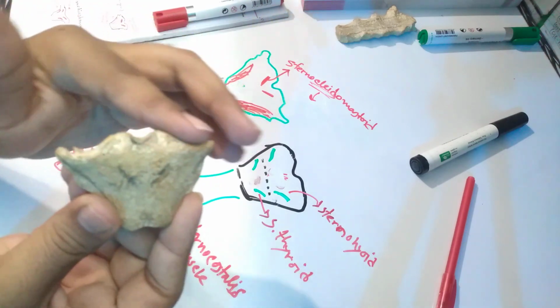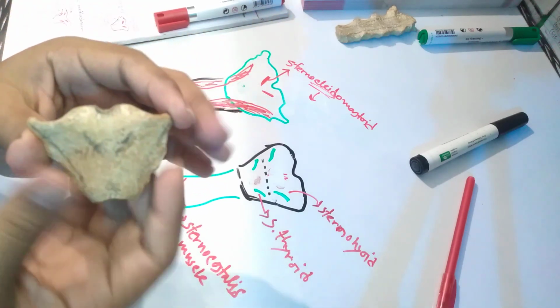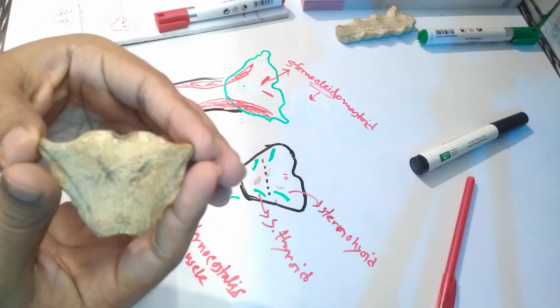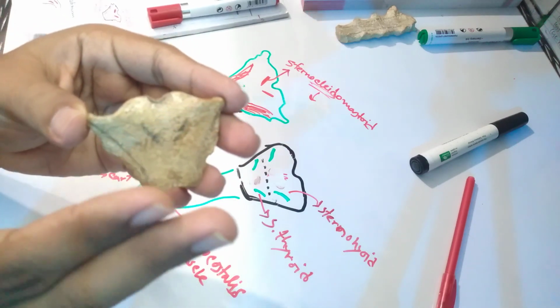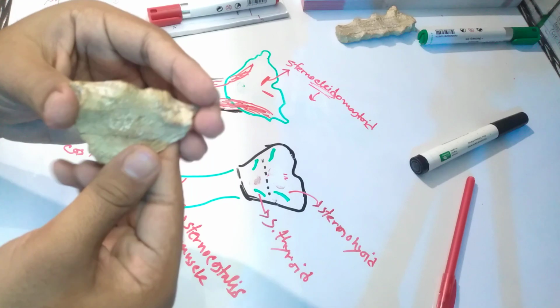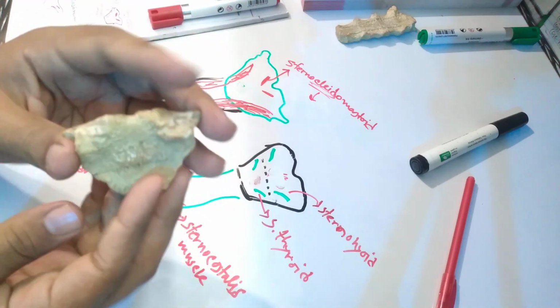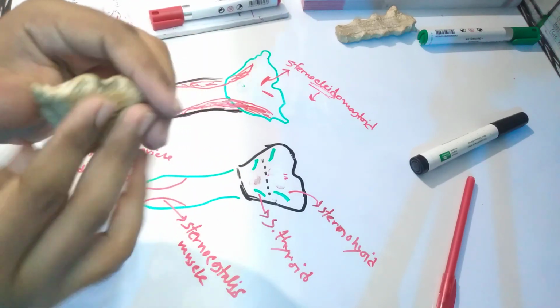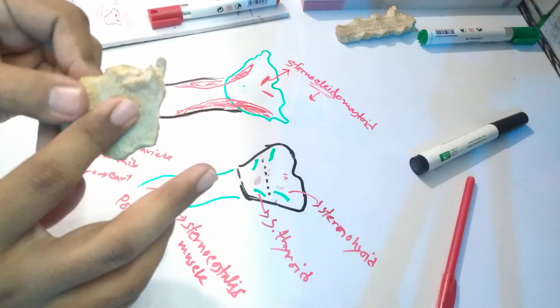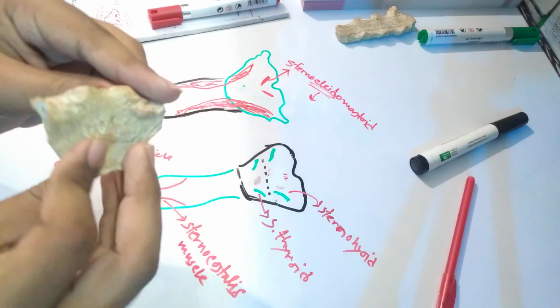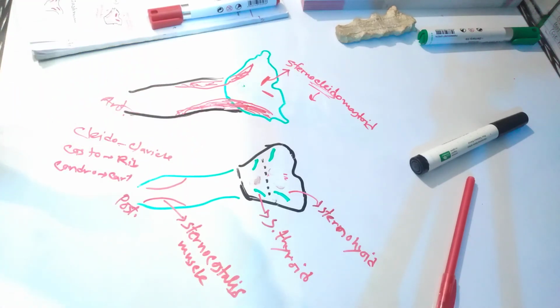This is superior border. This is inferior border, and 2 lateral borders. This is inferior surface, and this is anterior surface, and this is posterior surface.